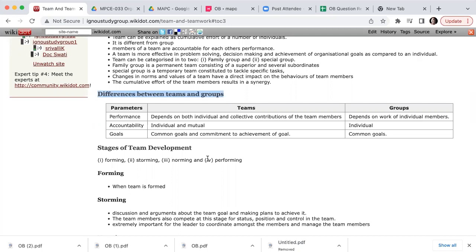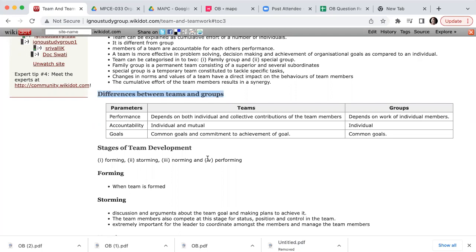Okay. So here, there is an accountability aspect which is mutual when it comes to a team. There is an agreement in the case of a team where, oh yeah, we are working towards a common goal. I have a common goal, but I also have timelines within which I need to deliver, right? And I also have very specific achievements which are being measured, and I have expectations from the other team members as well.